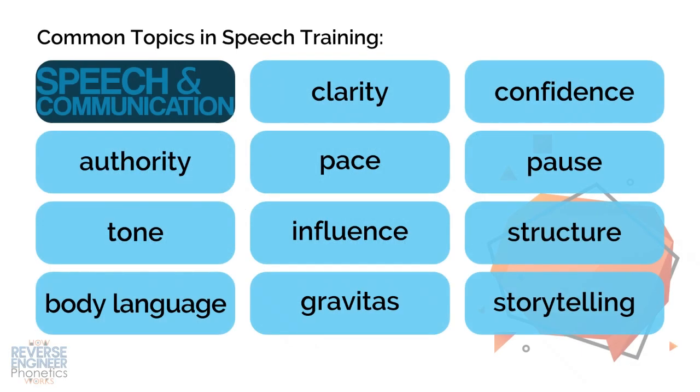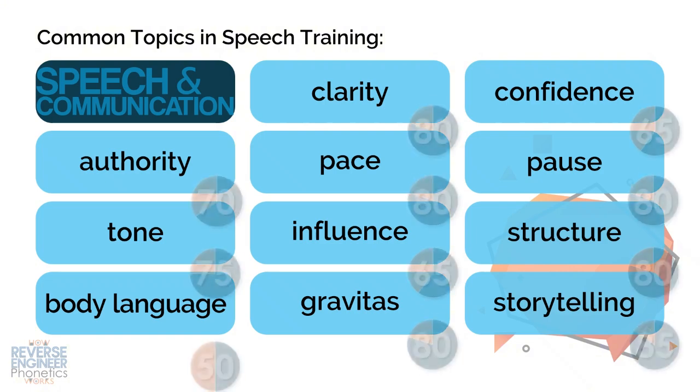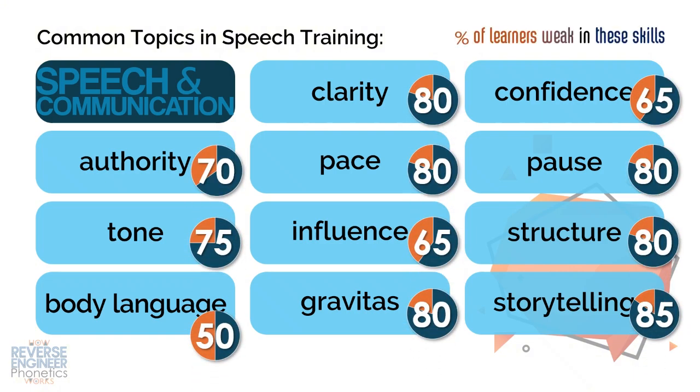These are the topics covered in most typical speech training, where I regard clarity, pace, pause, and tone to be foundational skills. Here you see the percentages of learners that have skill gaps in each topic. For instance, 80% of learners need to improve on their clarity, while 65% of them need to work on their confidence.